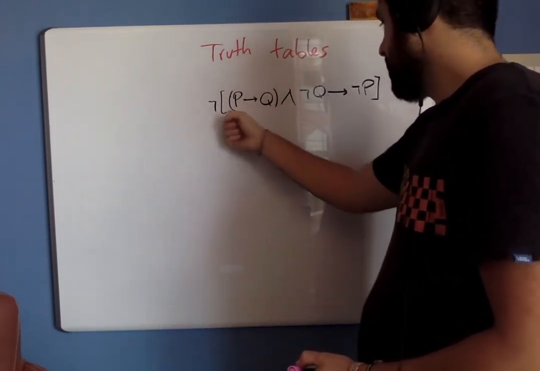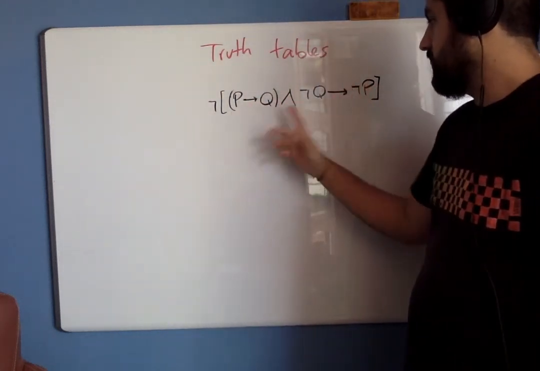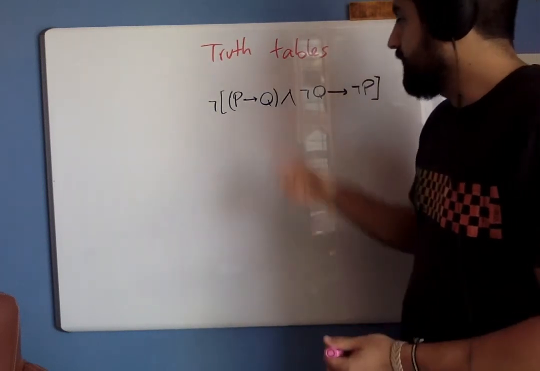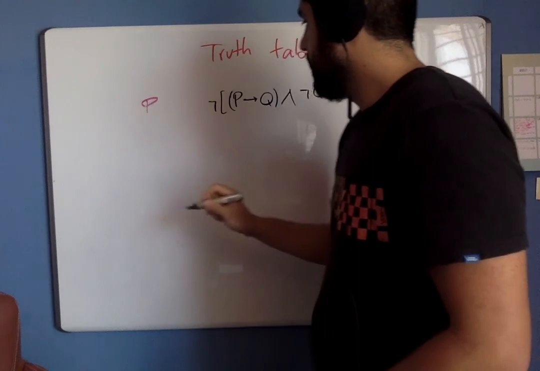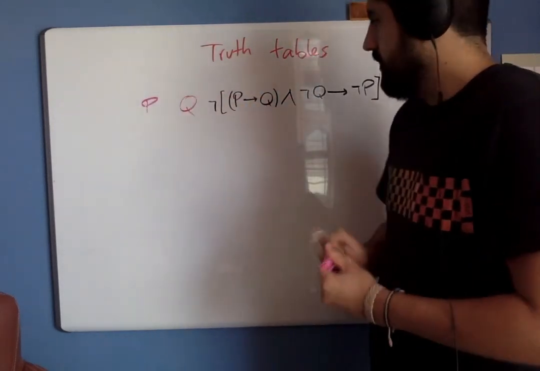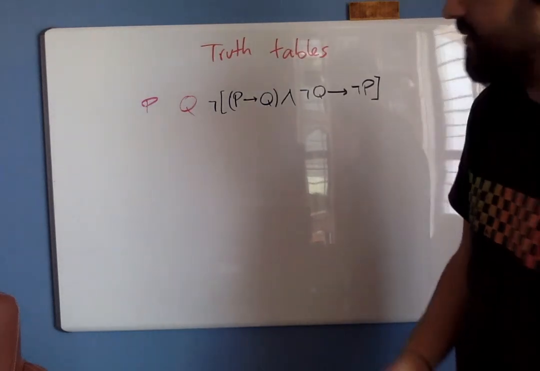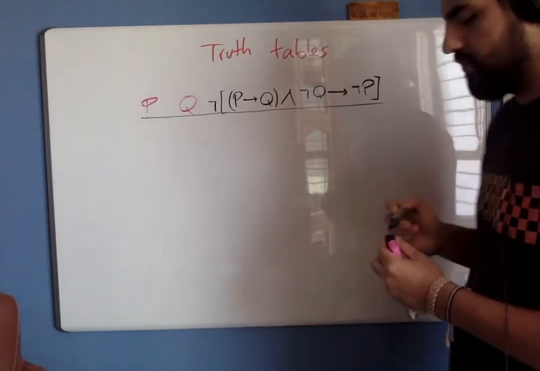So we have this expression and we have only two variables, P and Q. Both are repeated, but that doesn't matter. The first one that appears in the expression is P, and the second one that appears is Q. So we write the variables to the left of the expression.